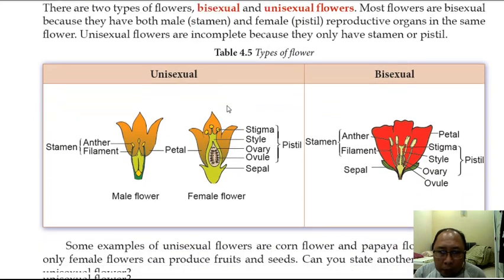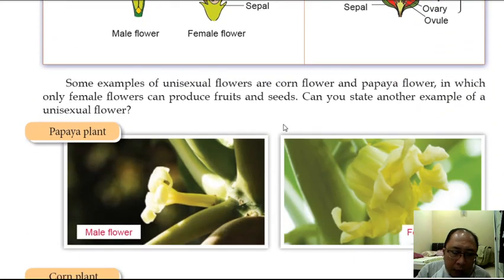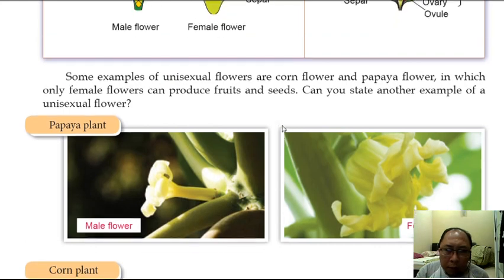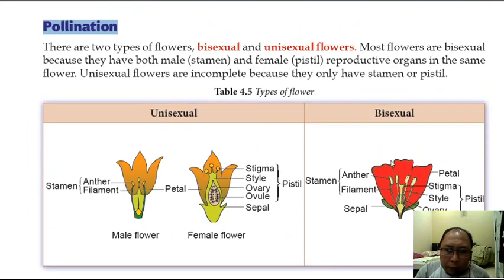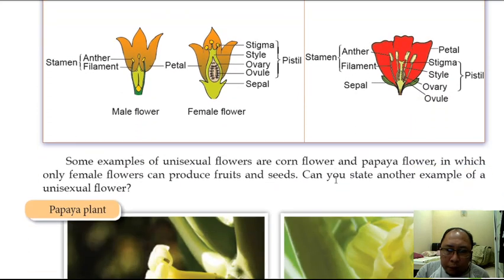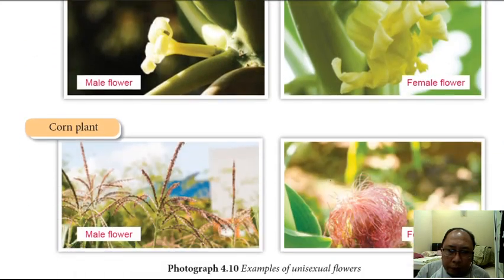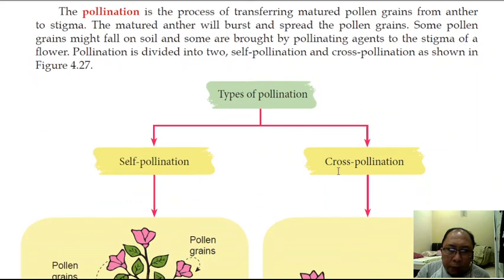Pollination is the process of transferring matured pollen grain from anther to stigma.